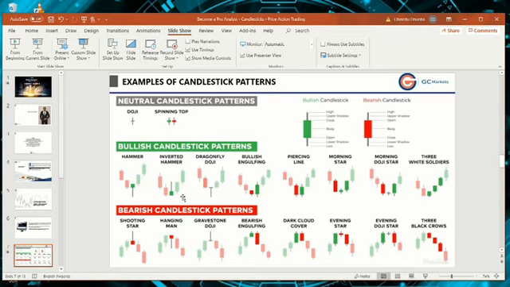We also have the inverted hammer, the dragonfly, the bullish engulfing, the piercing line, morning star, doji morning star, and three white soldiers.